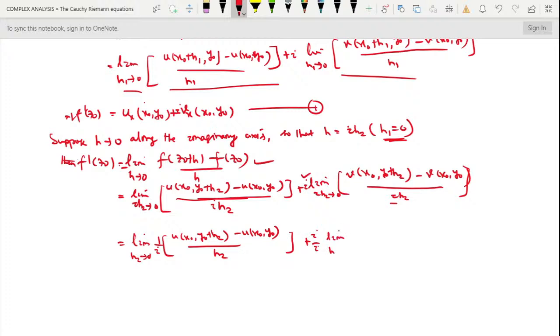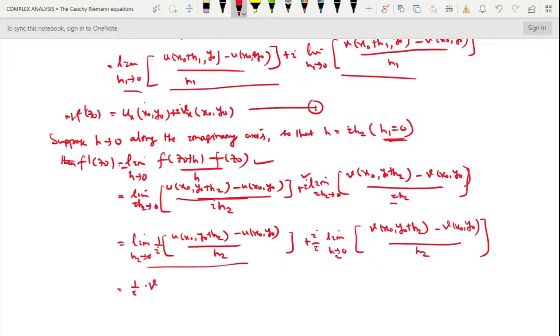Then the limit as h2 goes to 0 of v of x naught y naught plus h2 minus v of x naught y naught divided by h2. Taking 1 by i outside, the limit of this thing is v_y at x naught y naught.